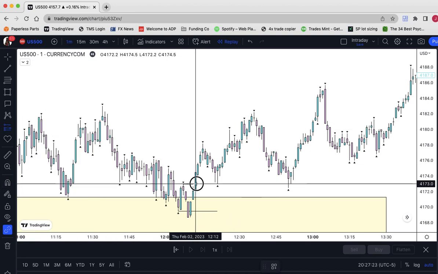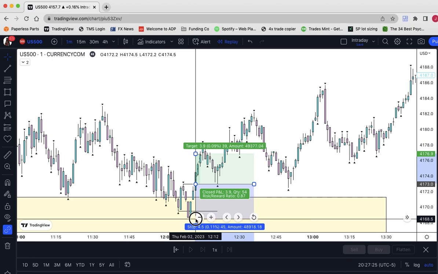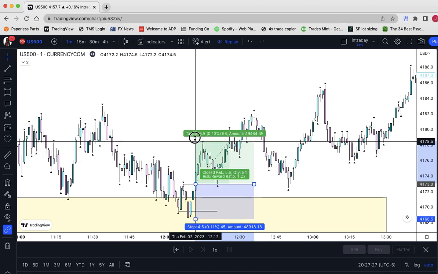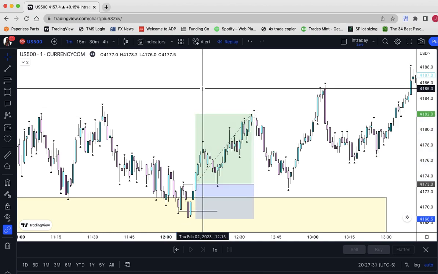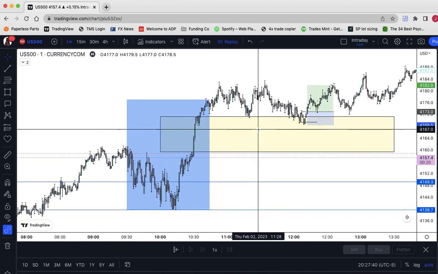So my entry would have been here, stops below here, and I normally just go for a 2R or 1 to 2 risk reward, basically meaning I'm just looking to double my money. Nothing crazy.